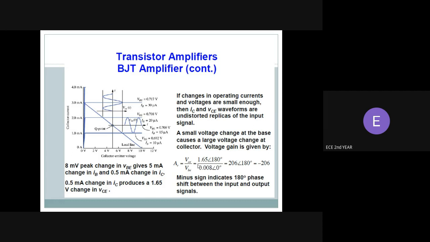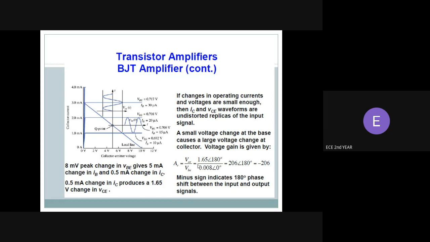If the Q point is in the middle of the region, then we can see high voltage gain and high current gain. You can see 8 millivolts peak voltage change in VBE gives 5 microamps change in IB, 0.5 mA change in IC, and the change in IC produces a 1.6 volt change in VC.